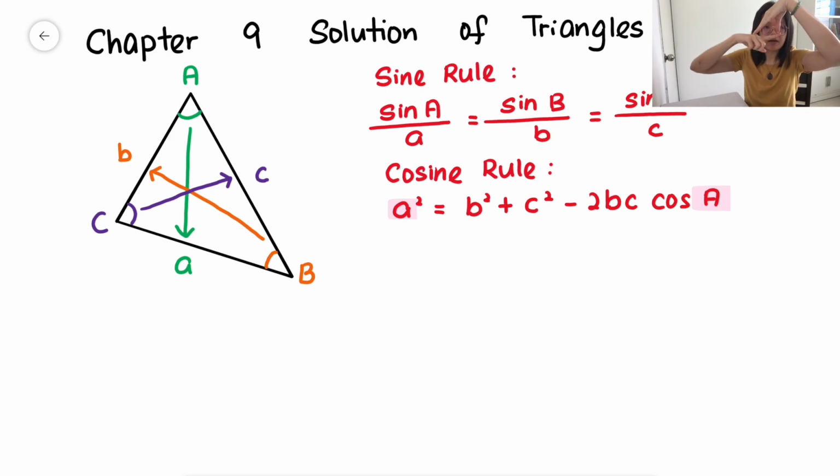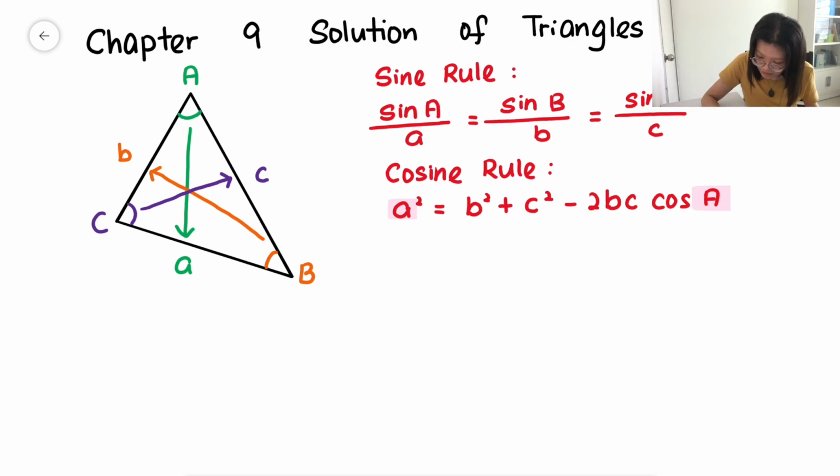You just need to remember, okay, I want to find this length, then I need to use the angle opposite of it. Then you use bc cos angle A. Same goes to here, and same goes to here. So you see, this is so easy.